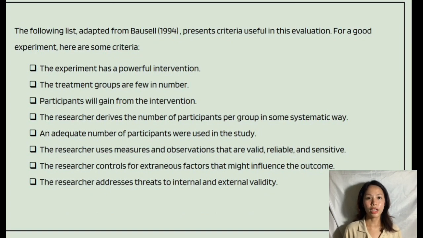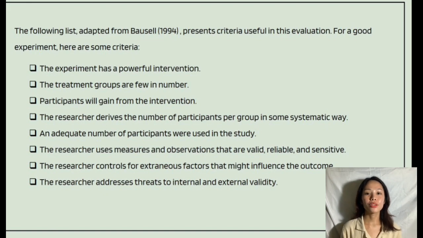Next criteria is the researcher uses measures and observations that are valid, reliable, and sensitive. Validity refers to the extent to which a measure accurately assesses the intended construct or variable, ensuring that the results reflect the phenomenon under investigation.